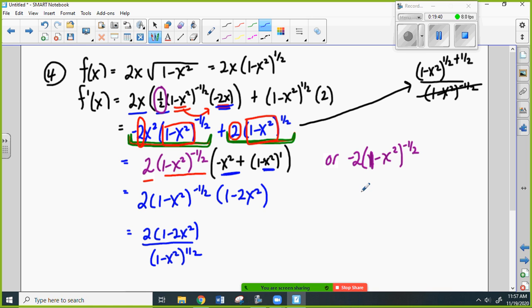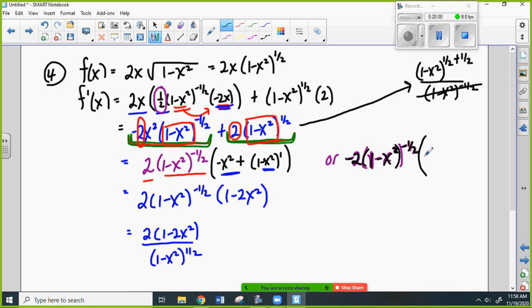Now, what I was talking about over here is what happens if I decide that the GCF, I want to keep the negative with the 2 when I take out the GCF. Okay, so then what does that change for my leftover stuff?